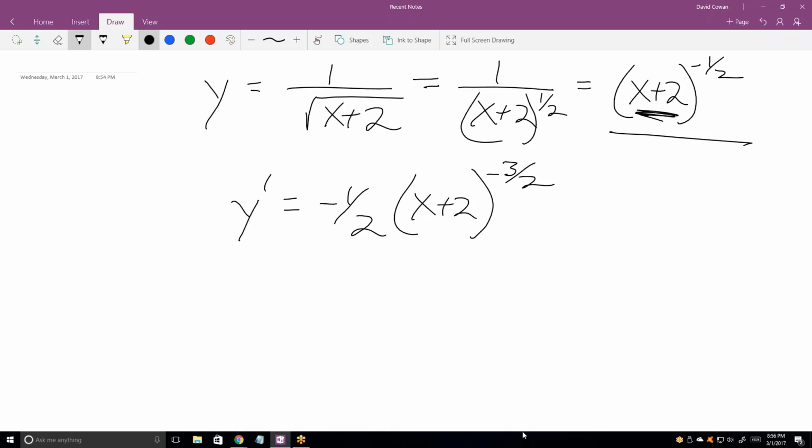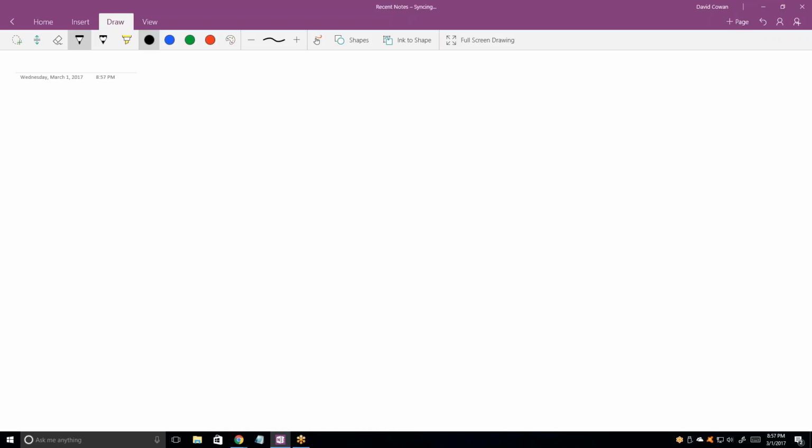Remember, the derivative of constants is 0, but the derivative of x is whatever the coefficient is, which is a 1. So I'm going to multiply it all by 1. Don't need to even write it. If that was 3, let's say, now the derivative of the inside is 3, so I would have to multiply the whole thing by 3. Okay? What else you got?